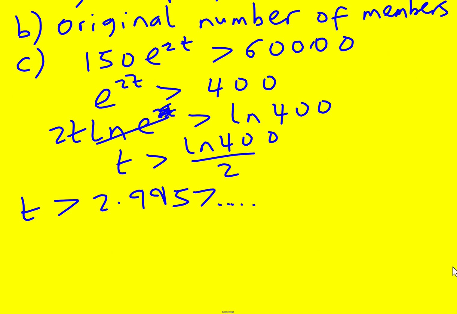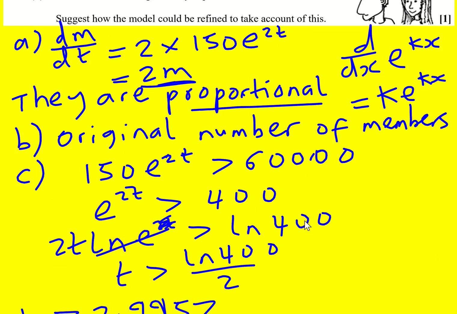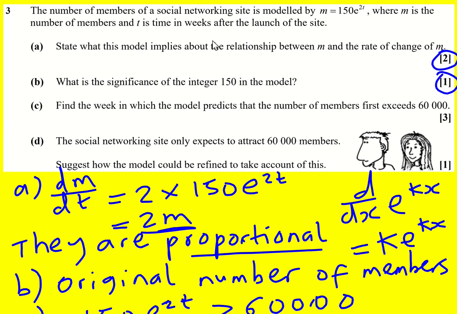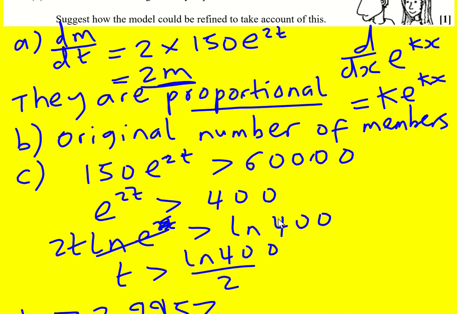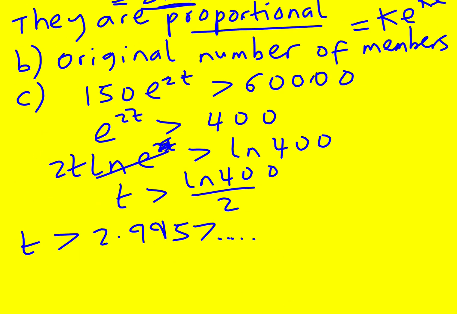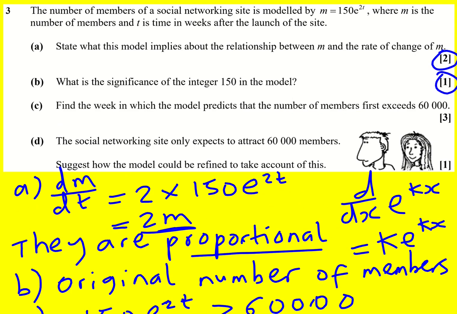Now, does that mean it's right at the end of week 2? It's not really that clear here that t is a time in weeks, but in the mark scheme, actually, it assumes that t is a discrete amount, but I don't really like that because it doesn't really say that it has to be a whole number of weeks.